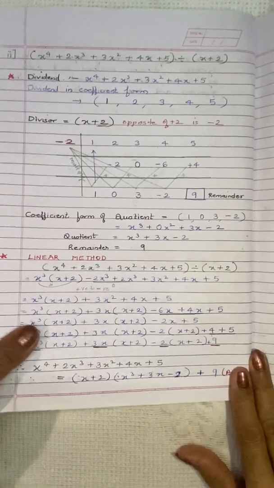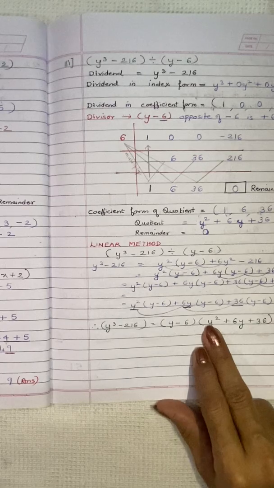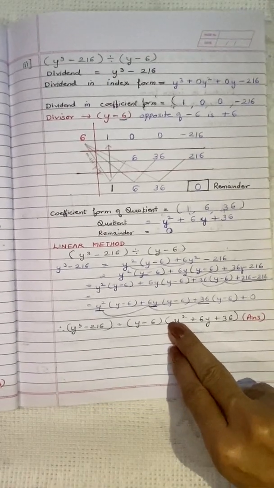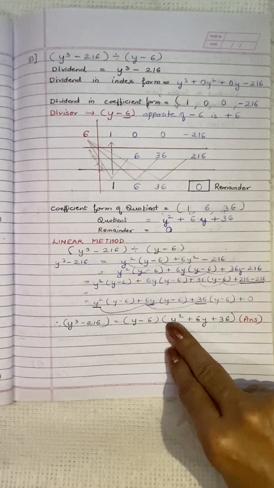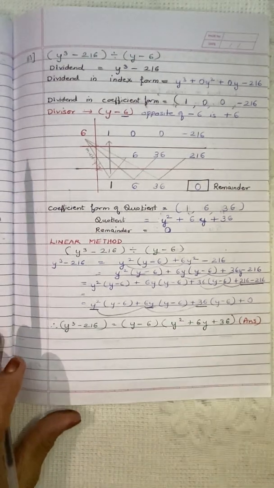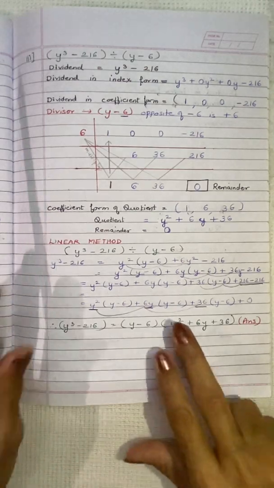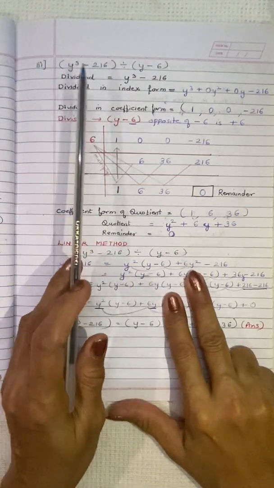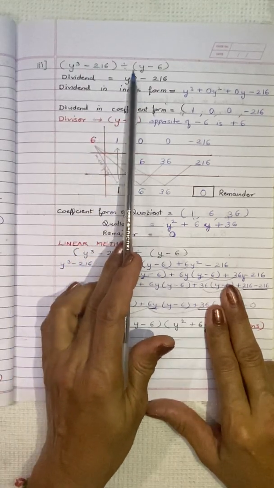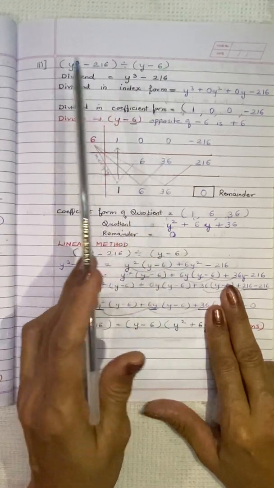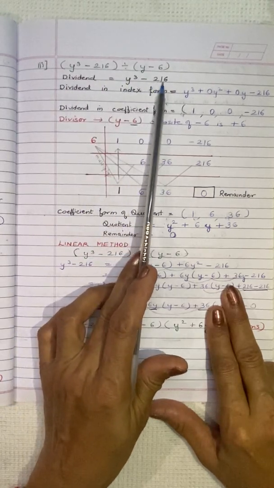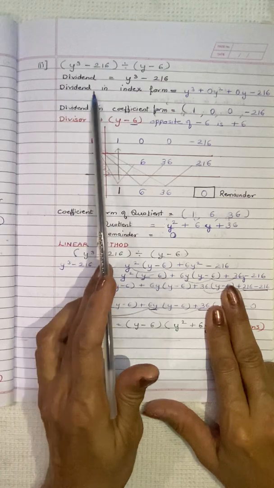Let's come to the sub question. Sub question 3, that is y cube minus 216 divided by y minus 6. Now here the dividend is y cube minus 216, and we write the dividend in index form.